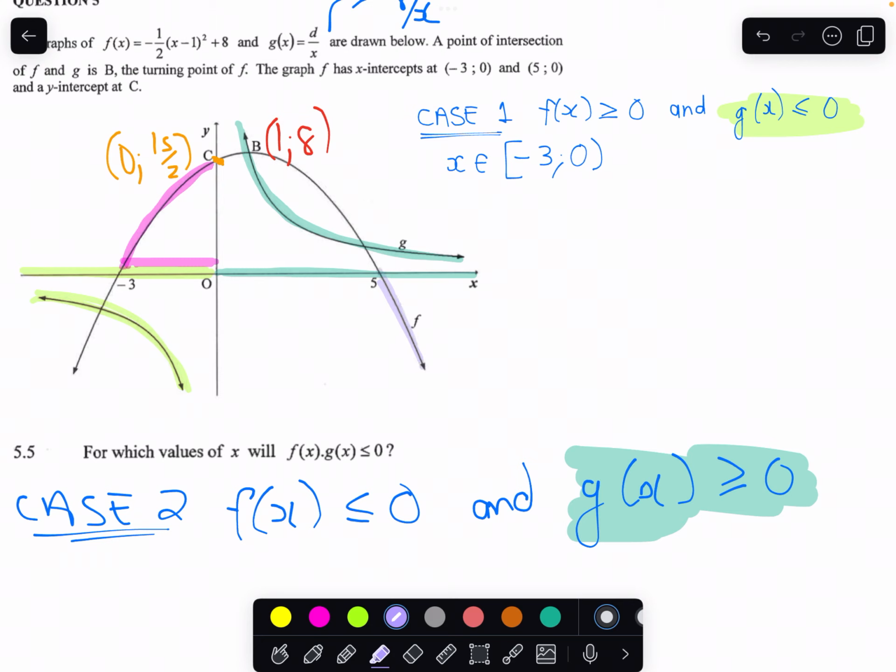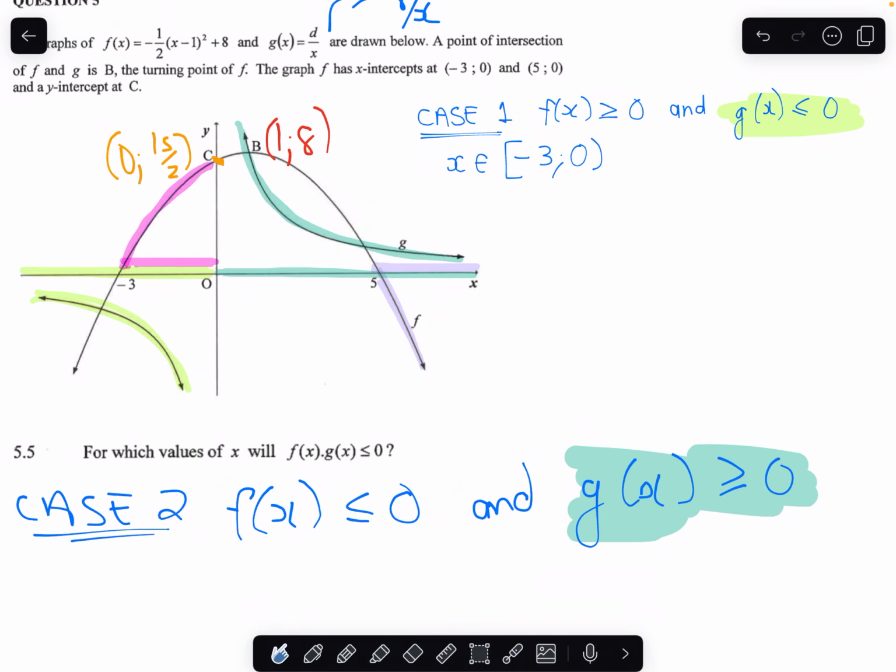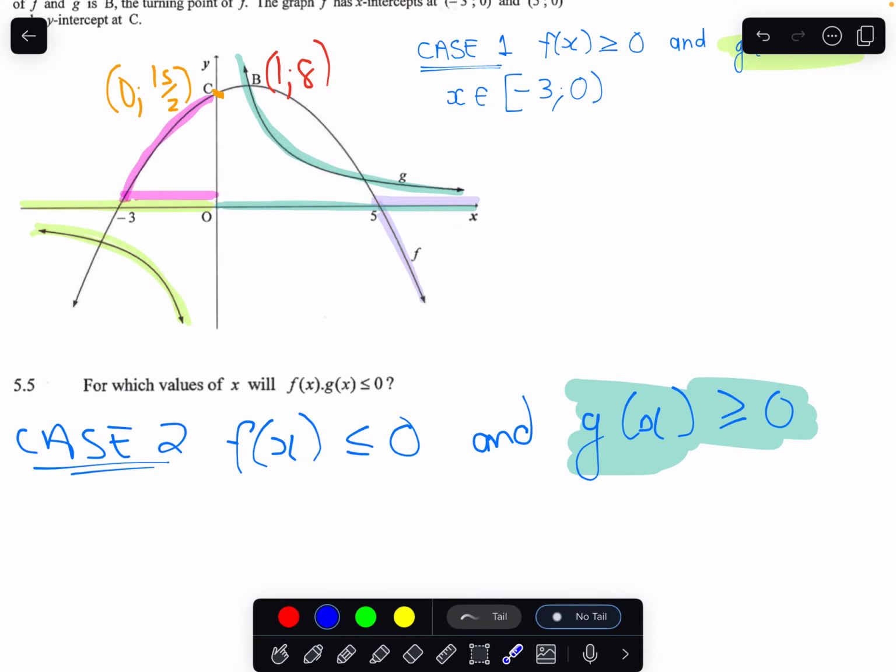So that means that from this x onwards, we get function values that satisfy our inequality, because f will be negative but g will be positive, and if you times the values together you'll get a number smaller than or equal to 0. Thankfully we've been given the x-intercept there, so this will also be true if we pick any x value from 5 all the way to positive infinity.